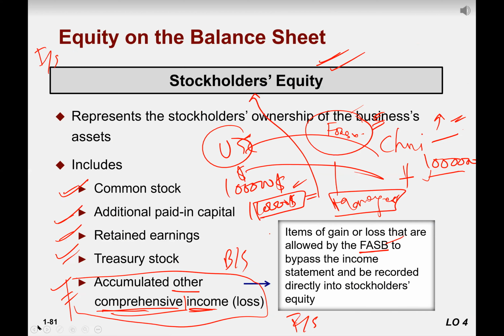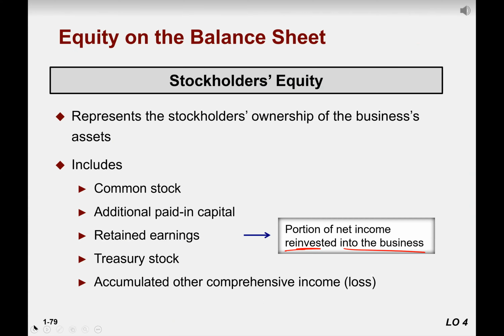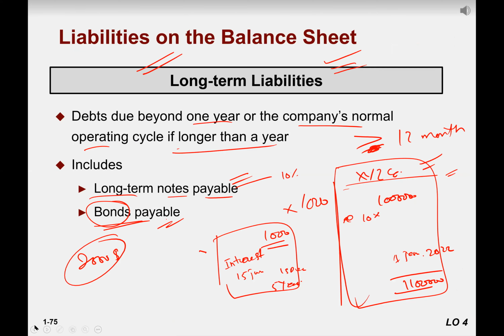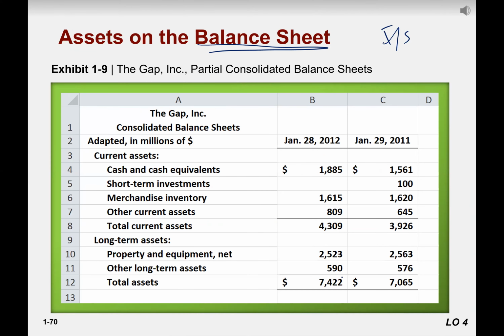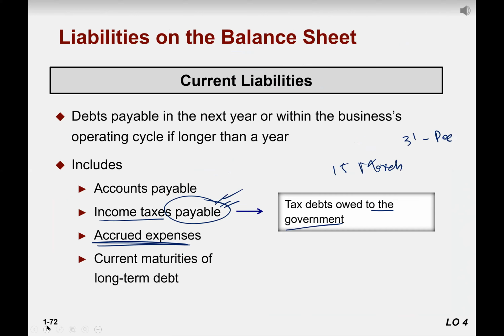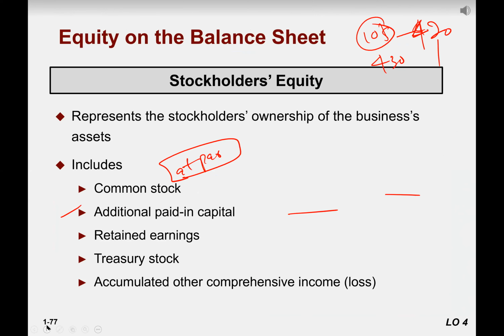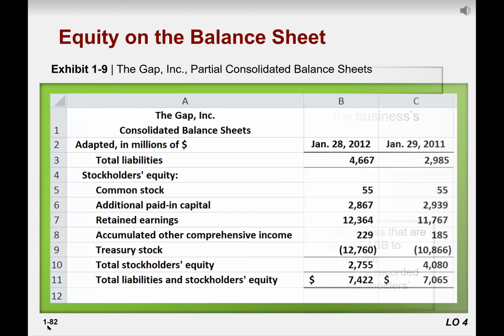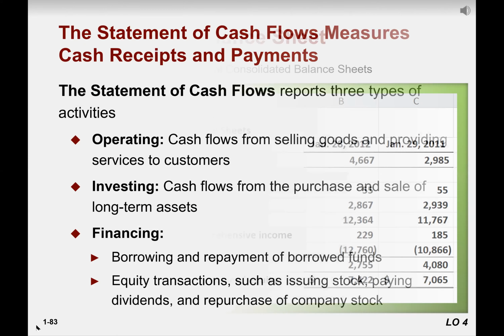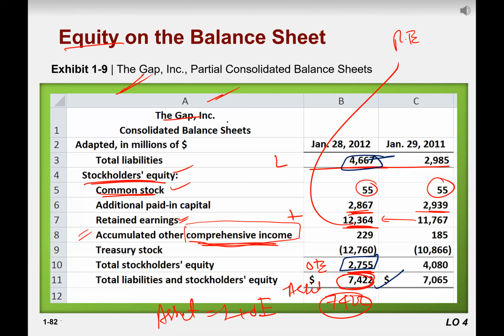Asset side. See, it's 7422. So the equation is balanced, or the statement is balanced. So we discussed each and every part or every statement. The thing is, they are just formulas or equations, but we have written them in statement form. That's it.